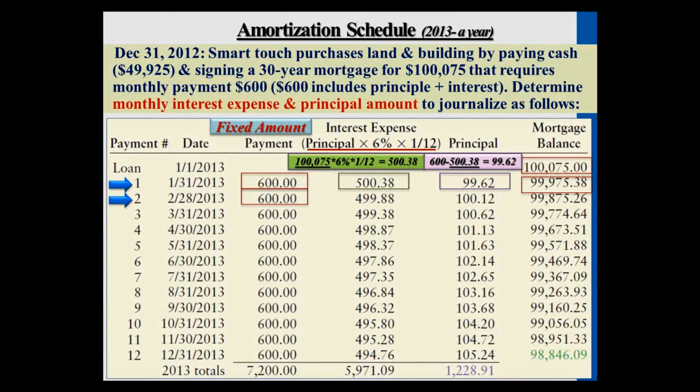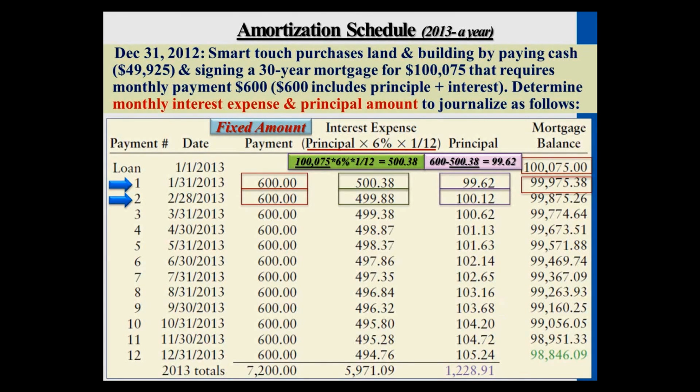For interest calculations, we're applying again the new balance, $99,975 multiplied by 6%, 1/12. You can see that the interest expense for the second month slightly reduced since we have a lower mortgage balance. And this $499 subtracted from 600, the remaining is the principal amount that we're paying, which increased a little.